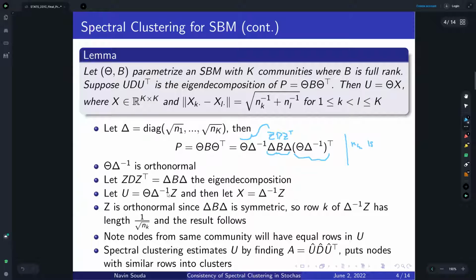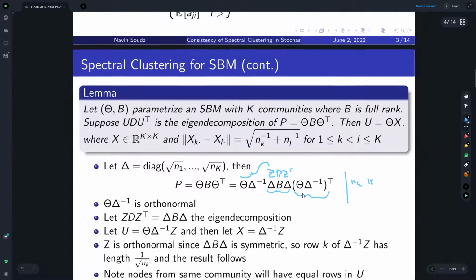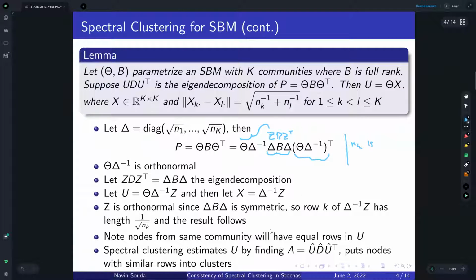We can let it be delta inverse times Z. Here we know that Z can be orthonormal because delta B delta is symmetric, and so its eigendecomposition will have orthonormal eigenvectors. And then row k of delta inverse times Z has length 1 over root n_k, and the result follows from there.